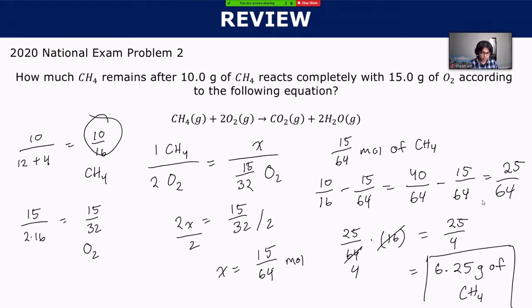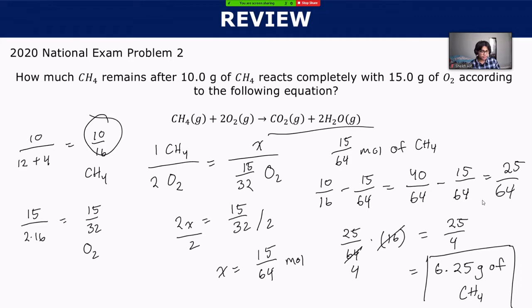The reason I started out with this problem is because it shows the idea of a limiting reactant very well. Sometimes it's also called a limiting reagent, so they're kind of interchangeable. I might use them interchangeably. But what this shows is that you could have many more grams of CH4, but if you don't have the oxygen, you're never going to get this reaction to happen.